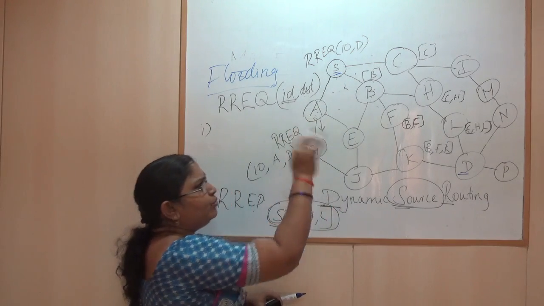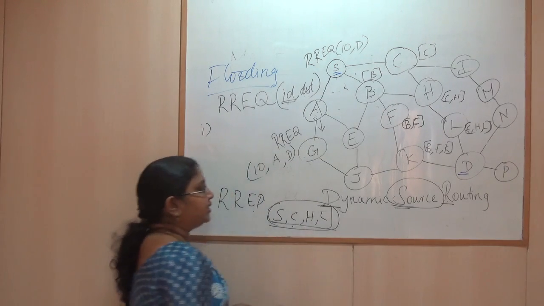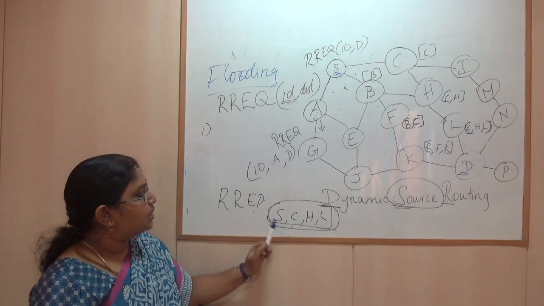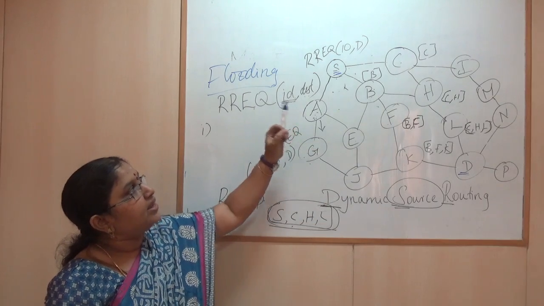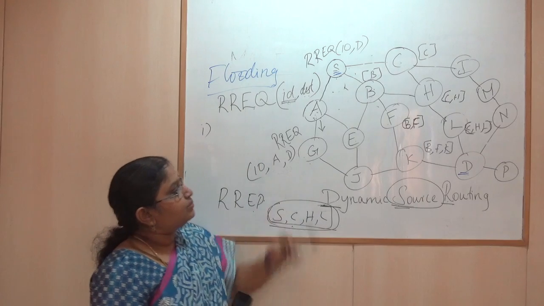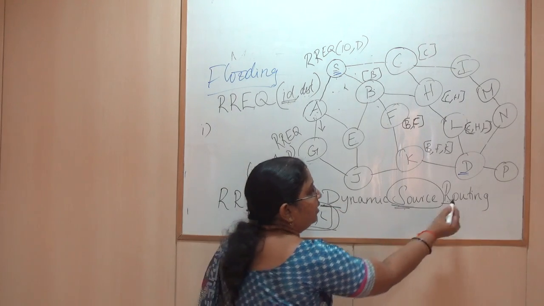For every outgoing data packet, the source node appends the complete address which is found in our route discovery phase. In our example, S, C, H, L, that route is passed by the source node in every outgoing packet. So that's why this kind of algorithm is called the dynamic source routing protocol.